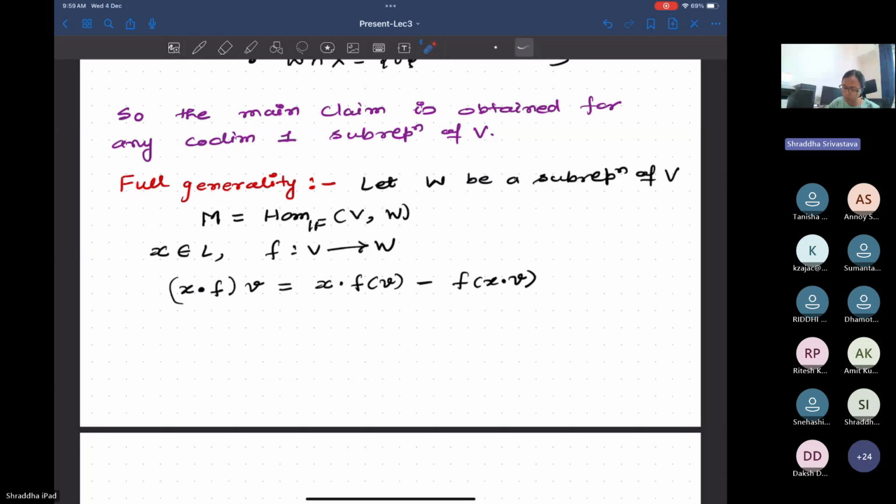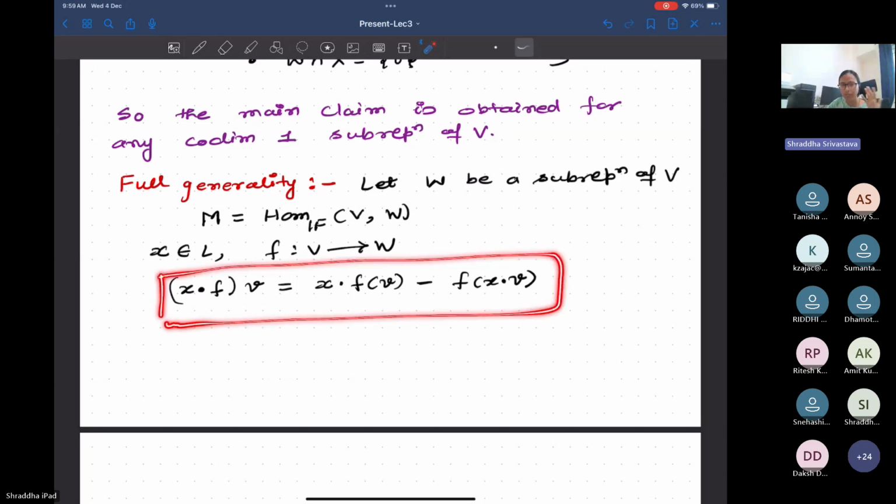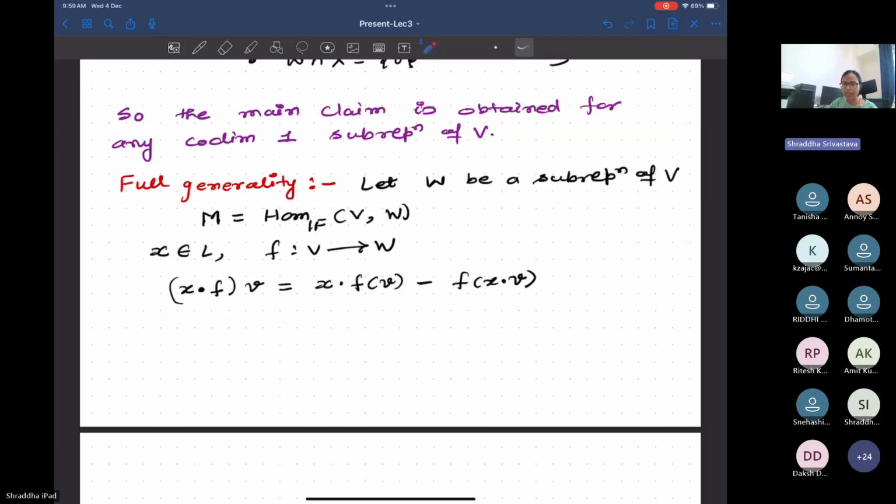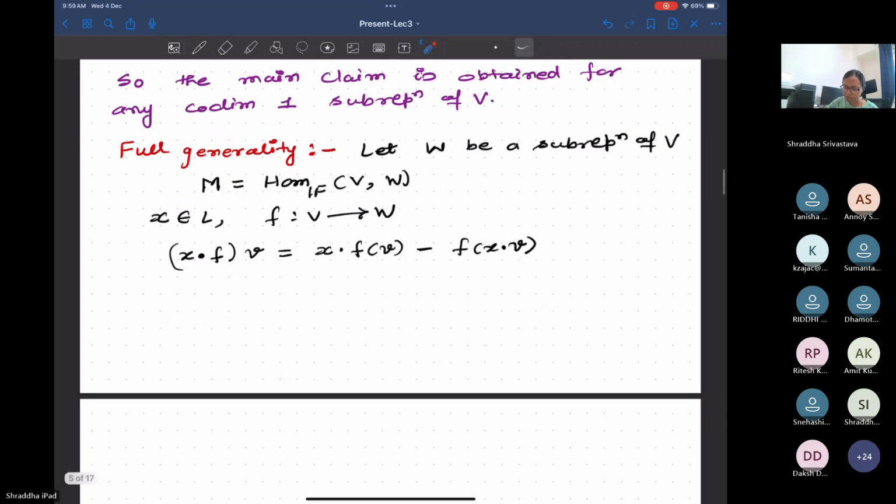So if you know the formula in the case of a group, you can think of this as some derivation, and then you can remember it. I will leave it to you to check that it indeed defines the action of the Lie algebra L on M. So this is also a representation of L.